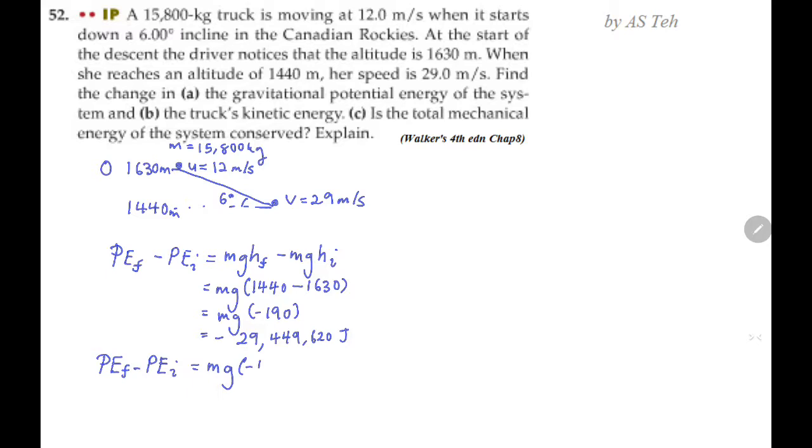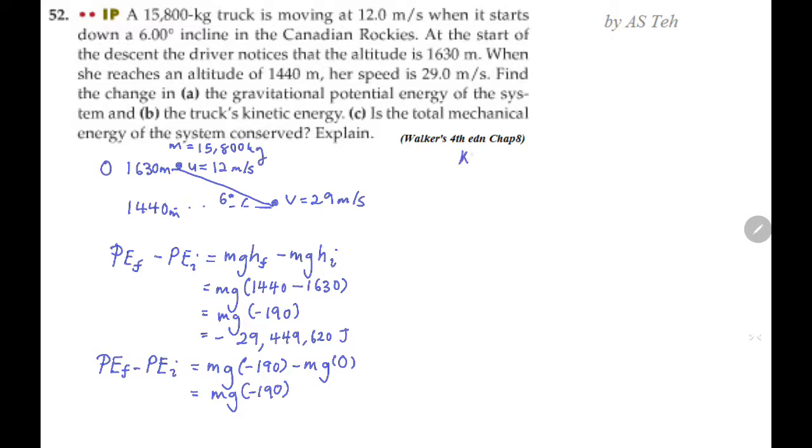It's at negative 190 meters below the origin, minus mg times 0, because initially we set the origin at the beginning as 0. So what happens is we have mg times negative 190, which would give us the same value as negative 29 megajoules.